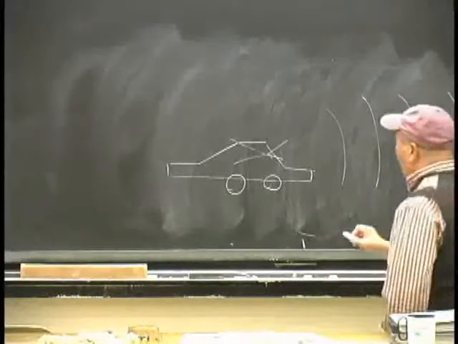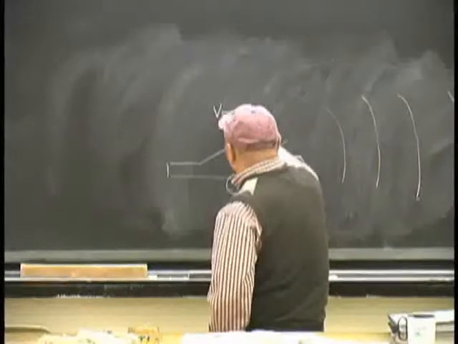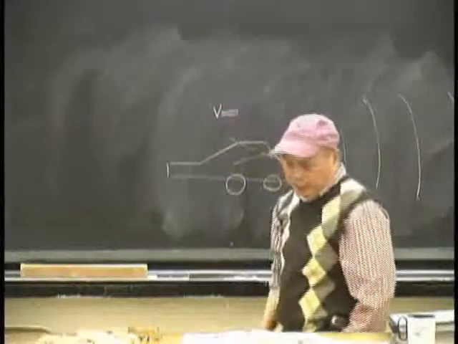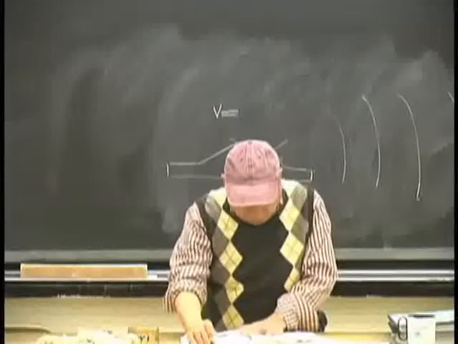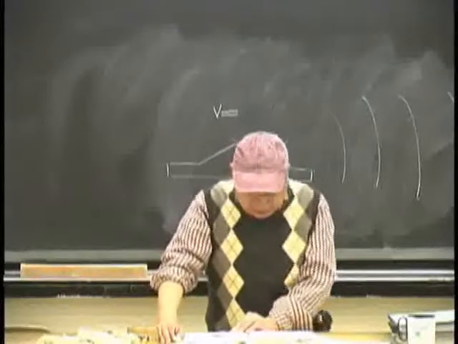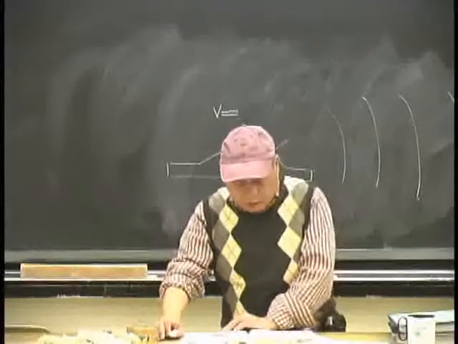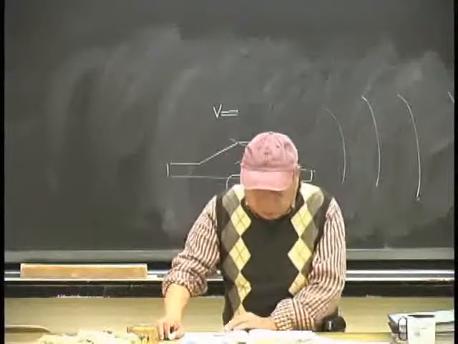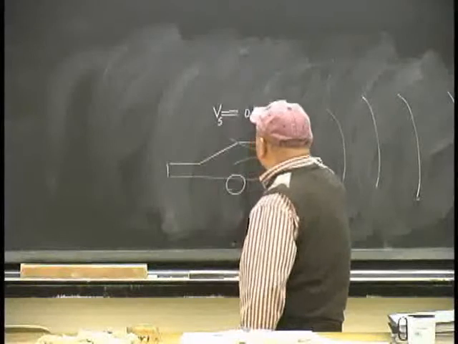This is v, the speed of the vehicle, which is the velocity of the source. Here the velocity of the source equals 0.